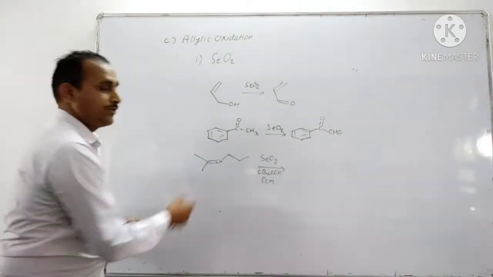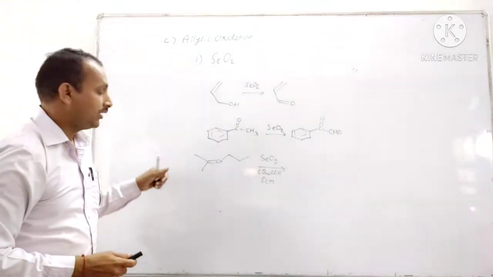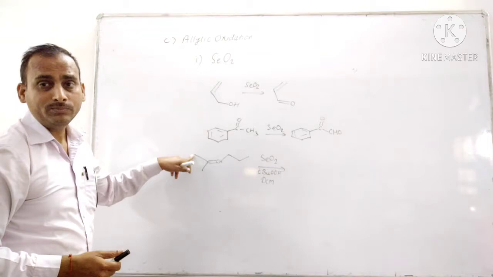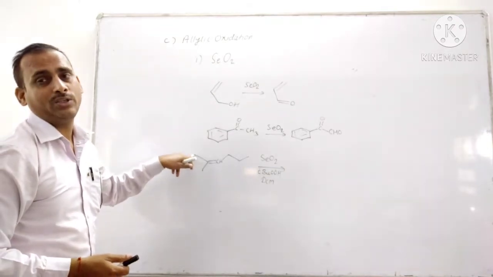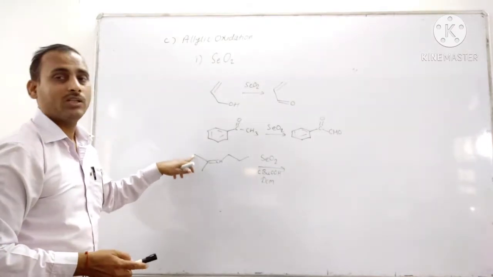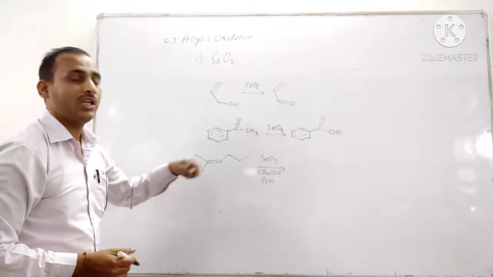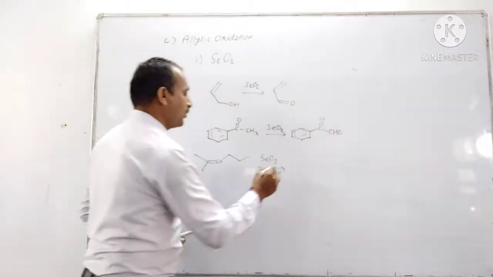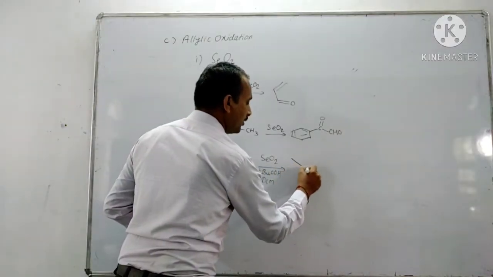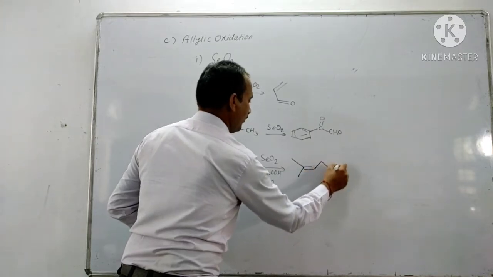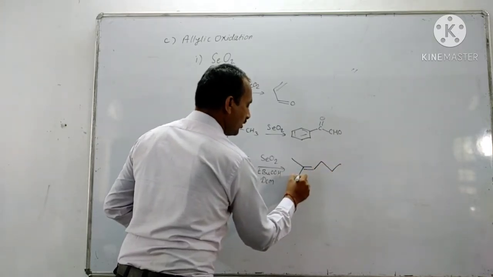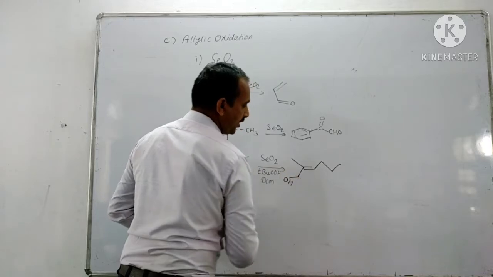Here is a tri-substituted alkene, and this methyl group undergoes oxidation in preference to this CH2 group. Therefore, there is formation of OH.